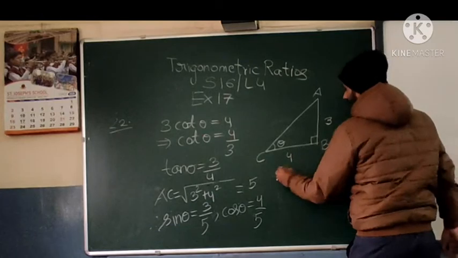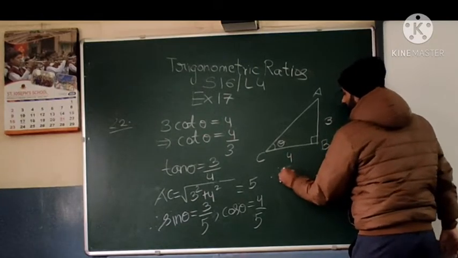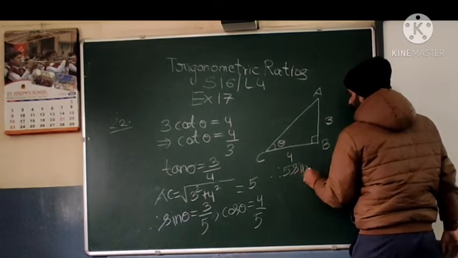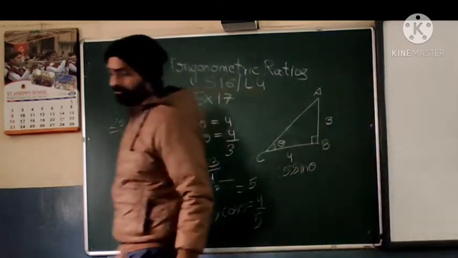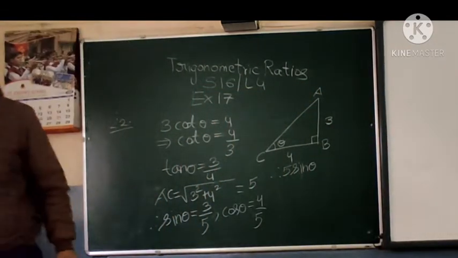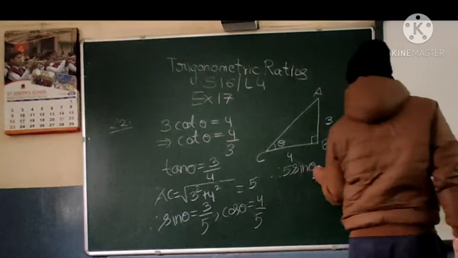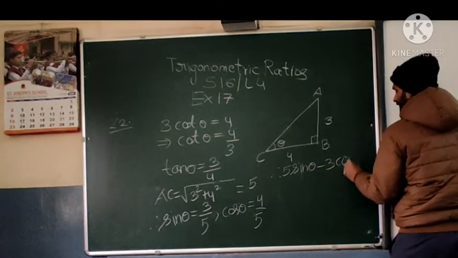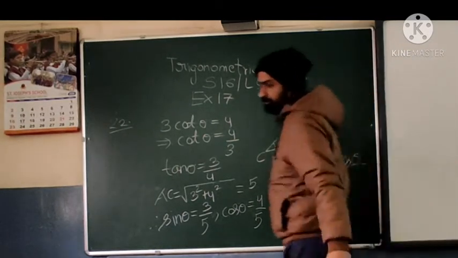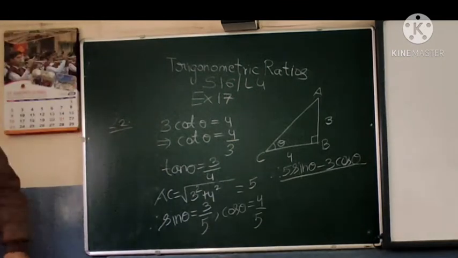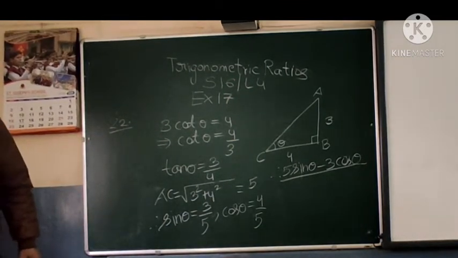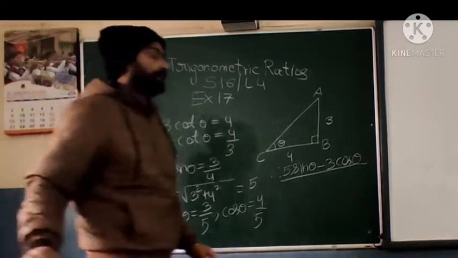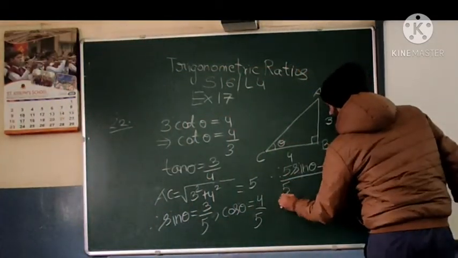Now see here, therefore 5 sin theta minus 3 cos theta, divided by 5 sin theta plus 3 cos theta.